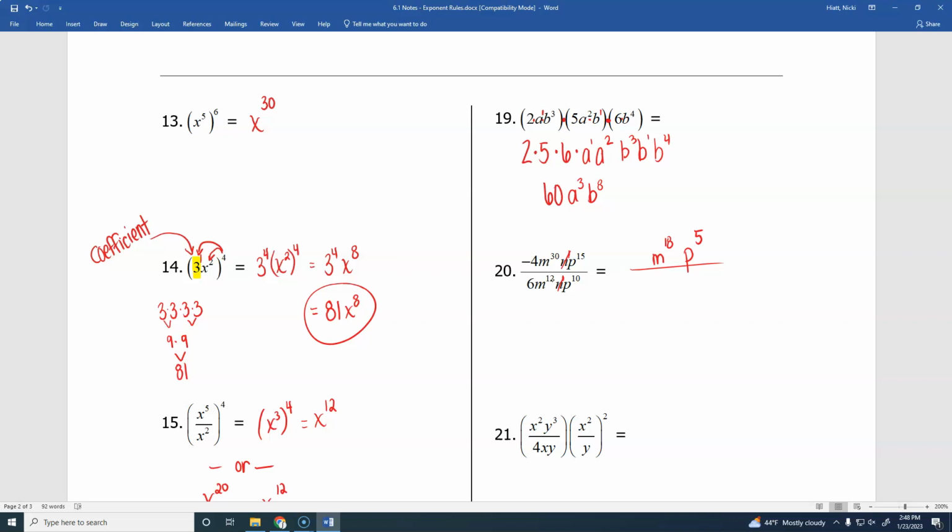Okay? What you want to do with these coefficients right here is you just want to reduce them if possible. Right? Negative 4/6, can we reduce that? We could. It would be negative 2/3, so we'll put a negative 2 up here and a 3 on bottom.